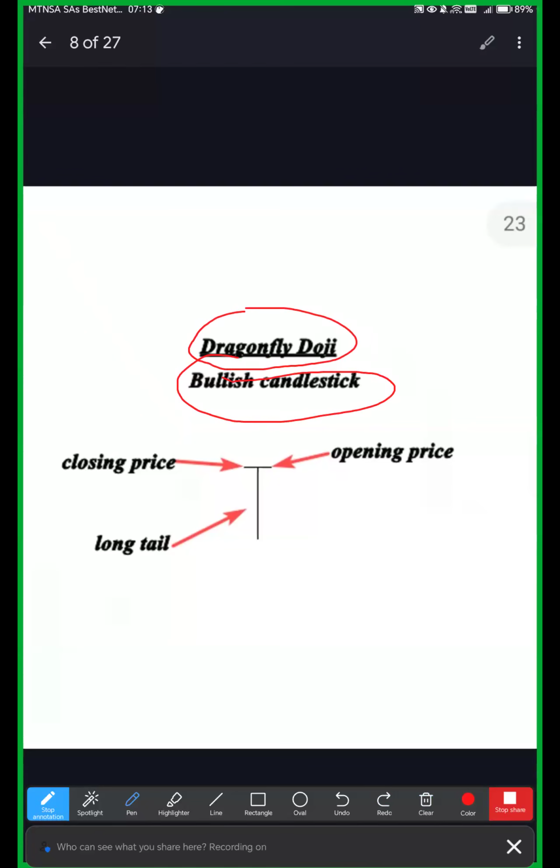This chart pattern is formed when they open high. I want you to look at this slide here in terms of the Dragonfly doji. You can see that they open high and the close is at the same or about the same.